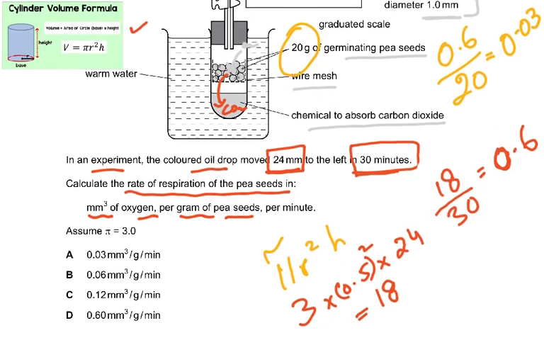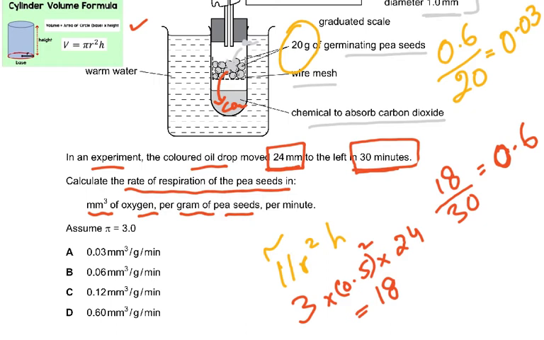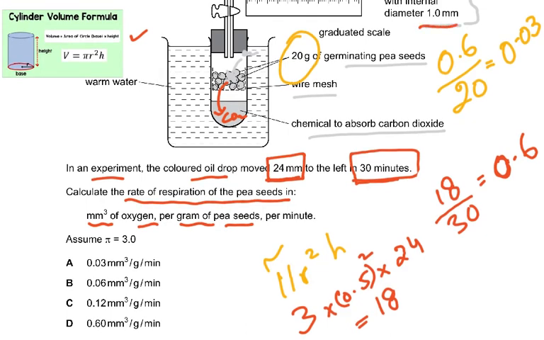Now for pi r square, the diameter was given as 1.0 millimeter, so the radius would be 0.5 millimeter. That is why they've asked us to take pi as 3.0. So 3.0 into 0.5 whole square into 24 gives us 18. But this was in 30 minutes, and we have to calculate per minute.